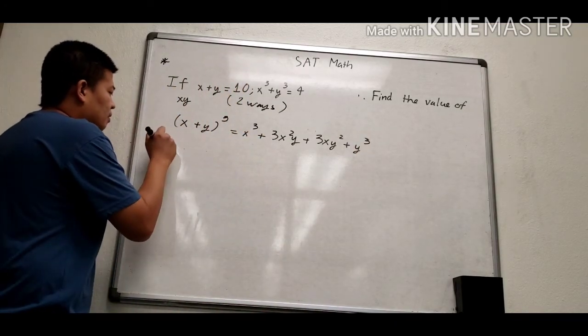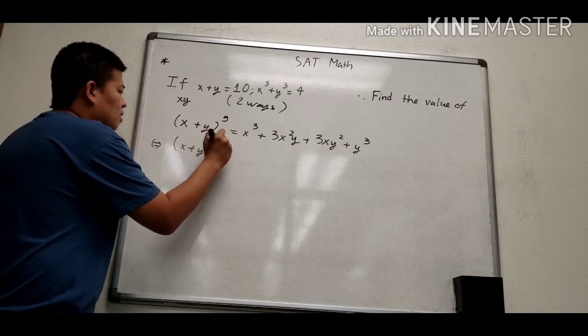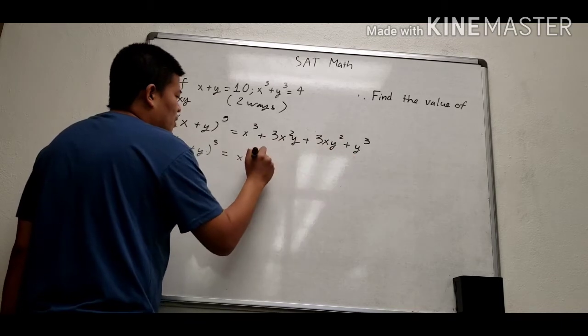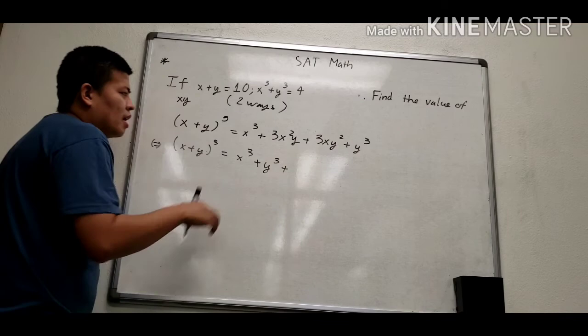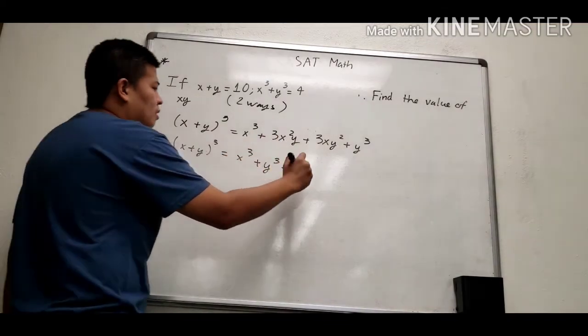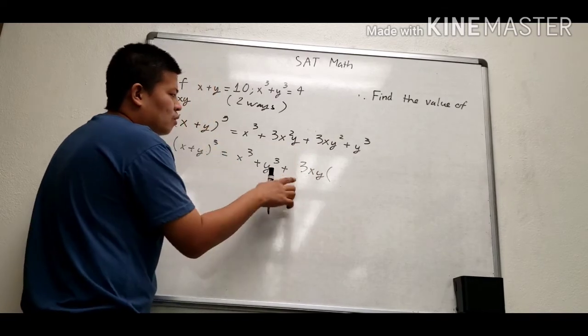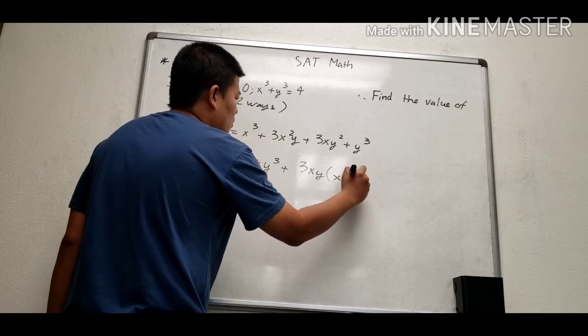And in here we can see that x power 3 and y power 3, they go one area. In here we can see that 3xy, then we factor 3xy out of 3xy power 2, and we got about x plus y.